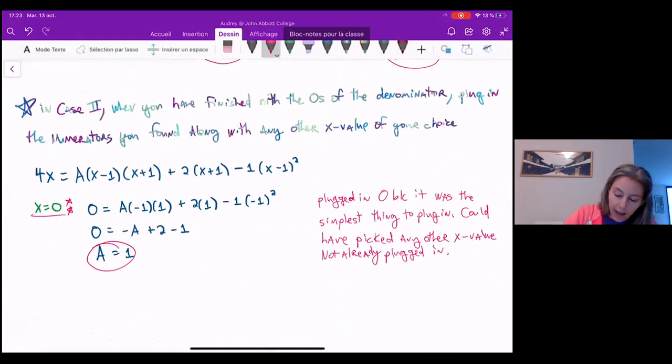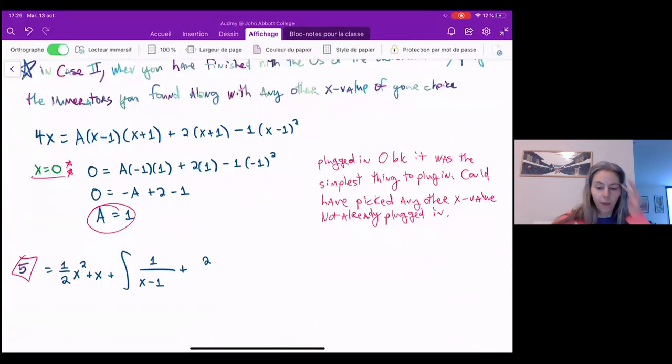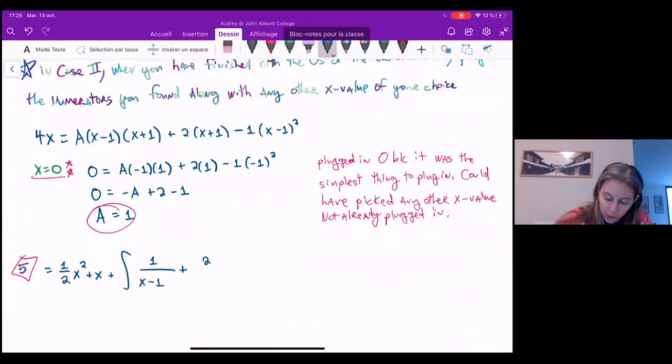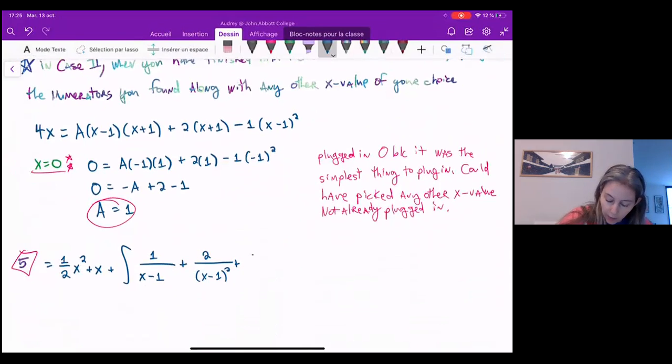So I'm going to have that this equals the integral of 1/2 x squared plus x plus A, which was 1, and A was over x minus 1, plus E, which is 2, and that is over x minus 1 squared, so 2 over x minus 1 squared, and then plus my B was negative 1, which I am putting over x plus 1. Negative 1 over x plus 1 dx.